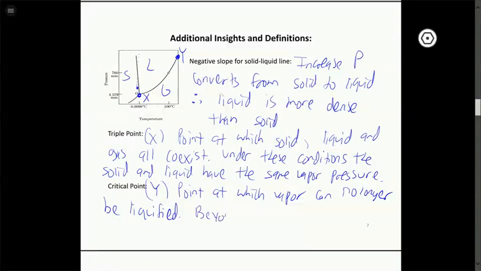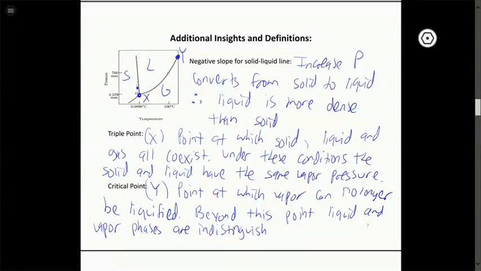So beyond this point, the liquid and vapor phases are indistinguishable, and it exists as what is called a supercritical fluid.